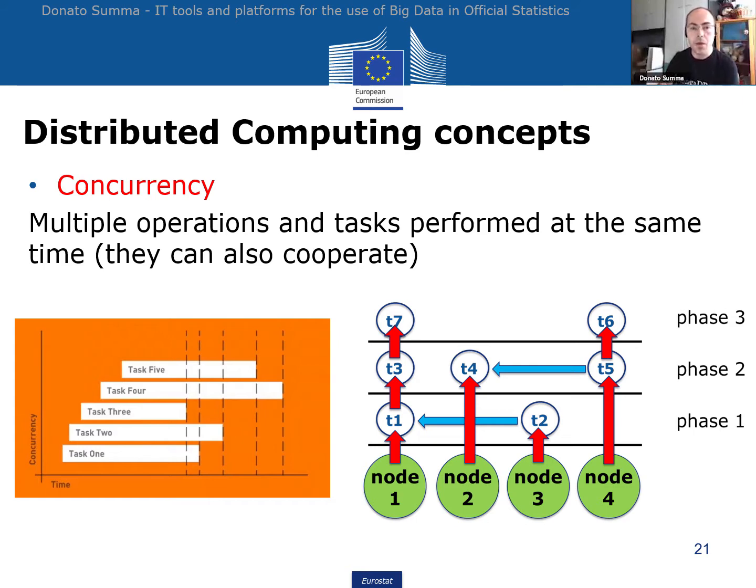They can cooperate. So, for example, in phase one, task number one and task number two are cooperating. In phase two, task number four and task number five are cooperating, and so on.